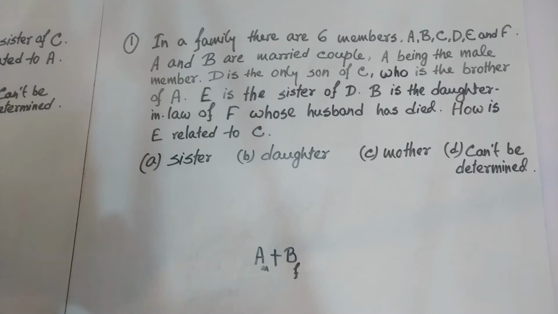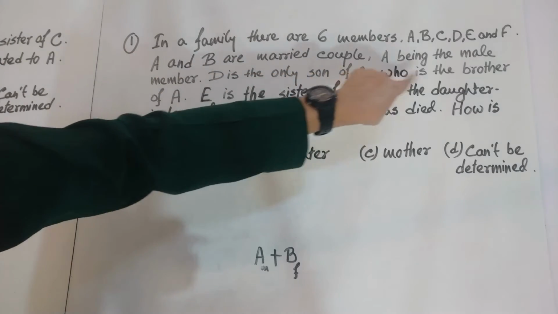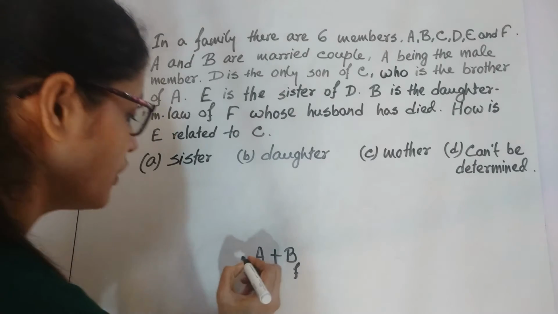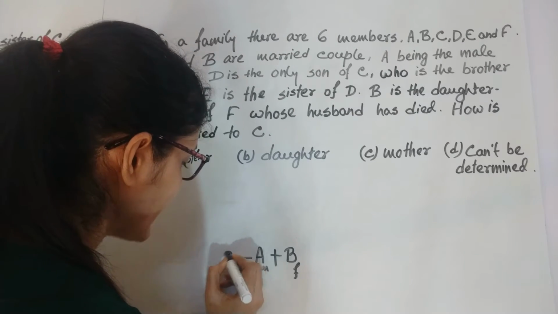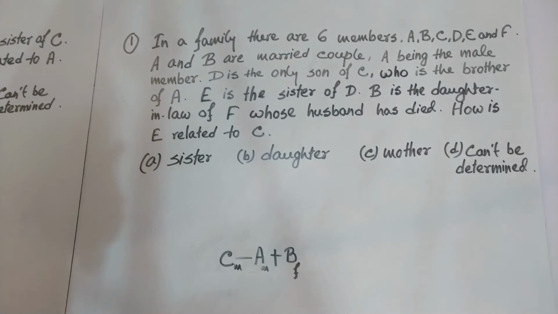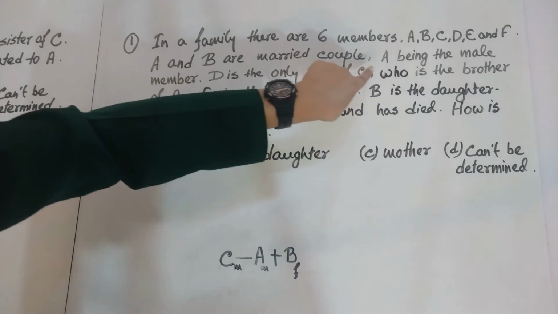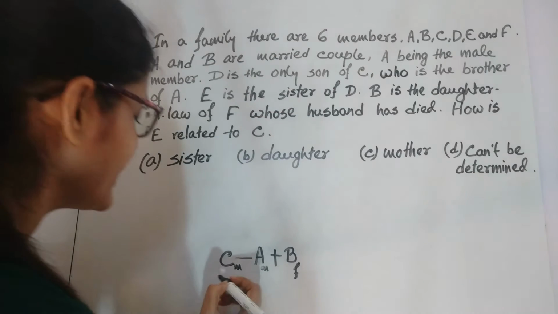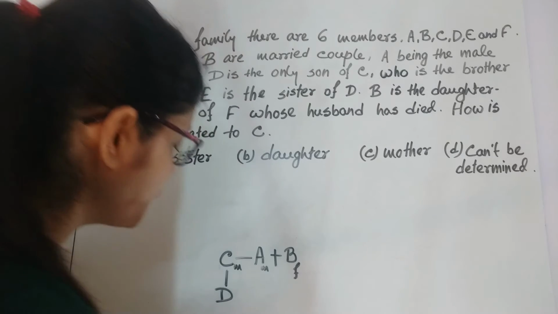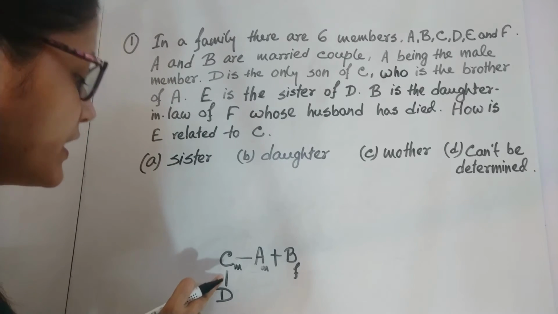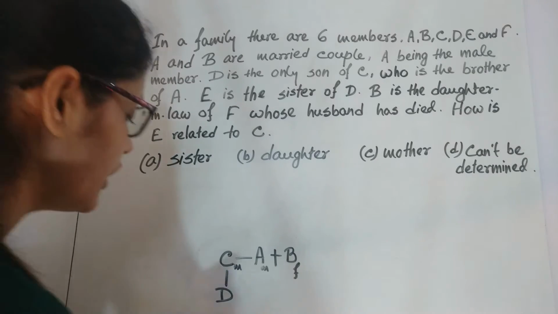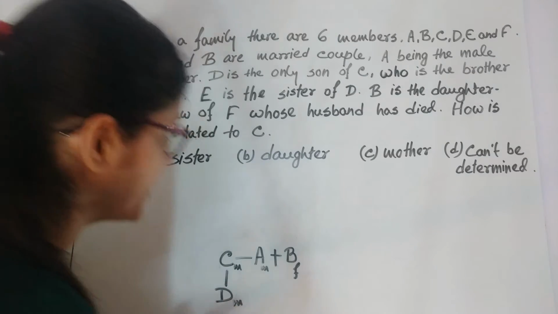D is the only son of C, who is the brother of A, that means C belongs to the same generation and he is also a male member. D is the only son of C, that means D belongs to the next generation, which we are indicating with this line segment. And D is also the son of C, so he is also a male member.